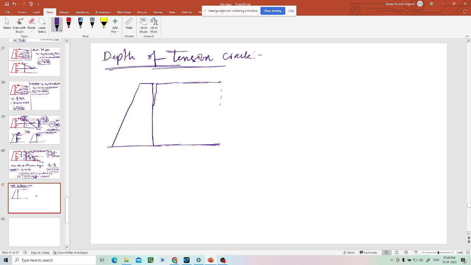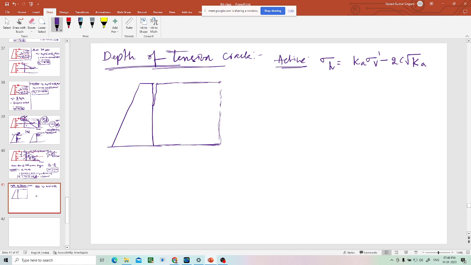So this is the soil, let us say. Tension crack appears only in the active earth pressure, because in active earth pressure sigma h will be Ka sigma v dash minus 2c root Ka. For some time we think that there is no water table, which means gamma w h is not there.